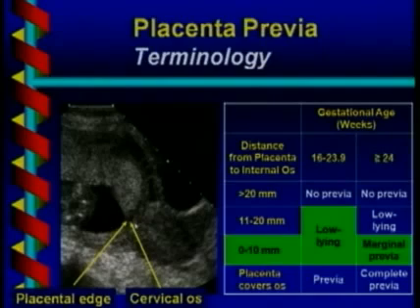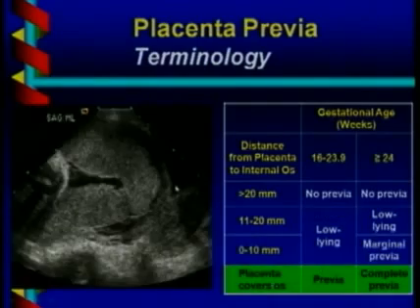Here, there's virtually no distance. It's roughly 0 or 1 millimeter from the placental edge to the cervical os, so that's in the 0 to 10 millimeter range. We would call it low-lying, 16 to 24 weeks, and marginal previa at 24 weeks or beyond. And finally, and this is a transabdominal view, the prior were transvaginal views.